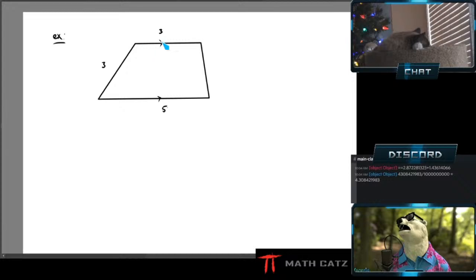Okay, so here I have a trapezoid. They don't give me this side length here. I don't know if they give me enough again. For the trapezoid formula to work directly, I need the length of the two parallel sides, and I need the distance between them.